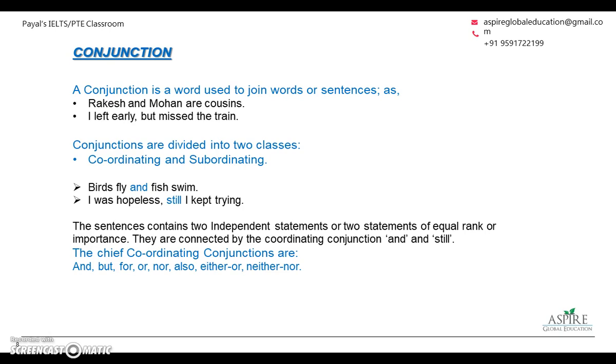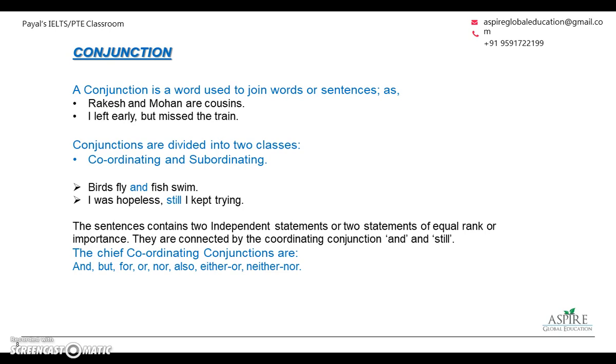Conjunctions are divided into two different types, coordinating and subordinating, depending on their usage in the sentence. Birds fly, fish swim. They're two independent sentences. So we try to combine them using and, and that is why it's called a coordinating conjunction. As the name suggests, coordinating means you're trying to work together, right? So you're not trying to help, you're trying to work together.